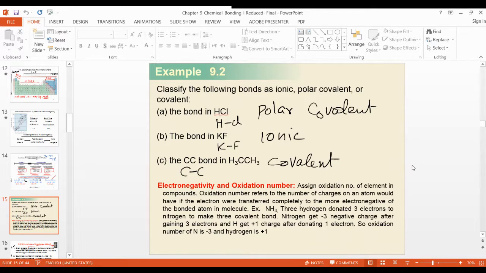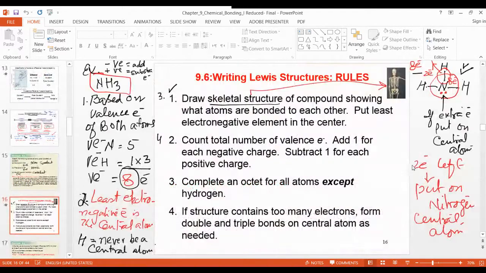So these are the examples for which one is polar, which one is ionic, and which one is covalent.